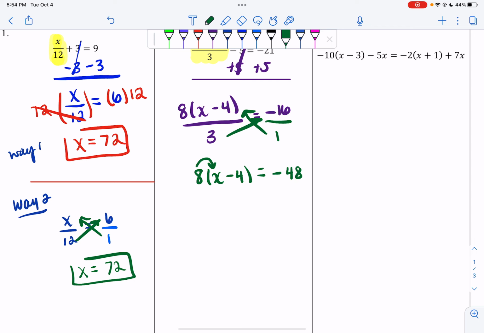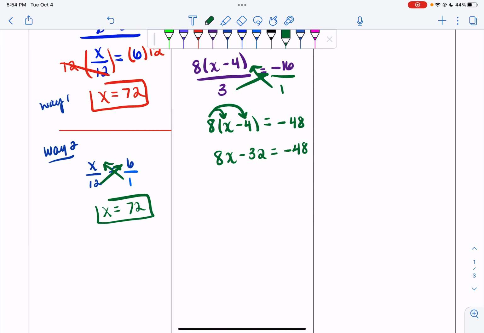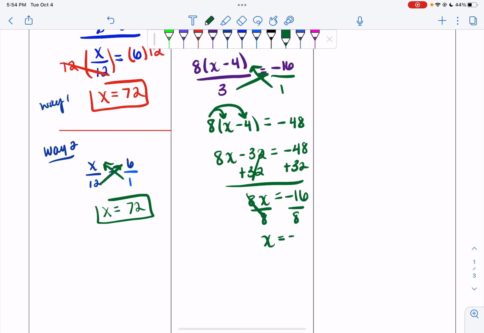Now I distribute my 8 to each term, so I have 8x minus 32 equals -48. Now I want to ask myself, how do I get rid of a subtract by 32? I'm going to add 32 to both sides of my equation. That gives me 8x equals -16, and then I'm going to divide by 8. So x is equal to -2, and that's my final answer.